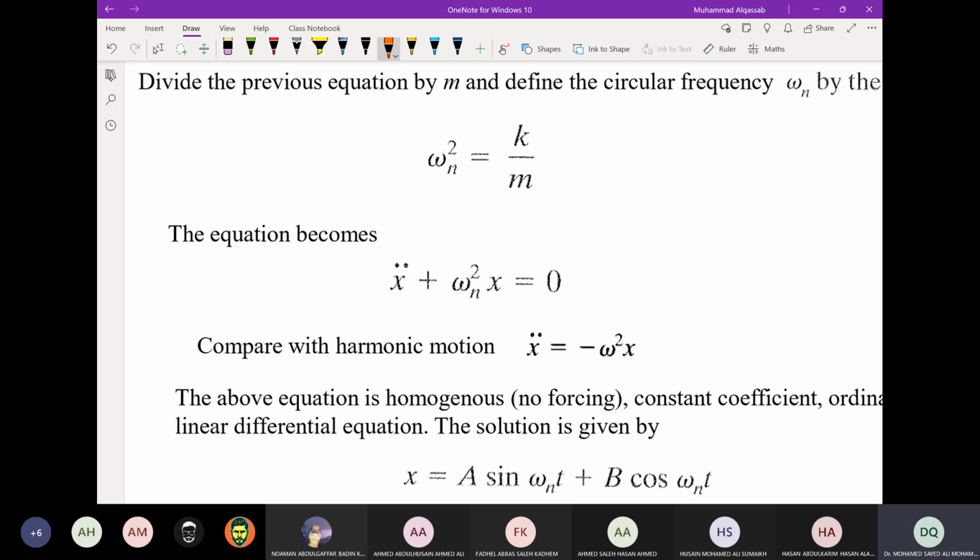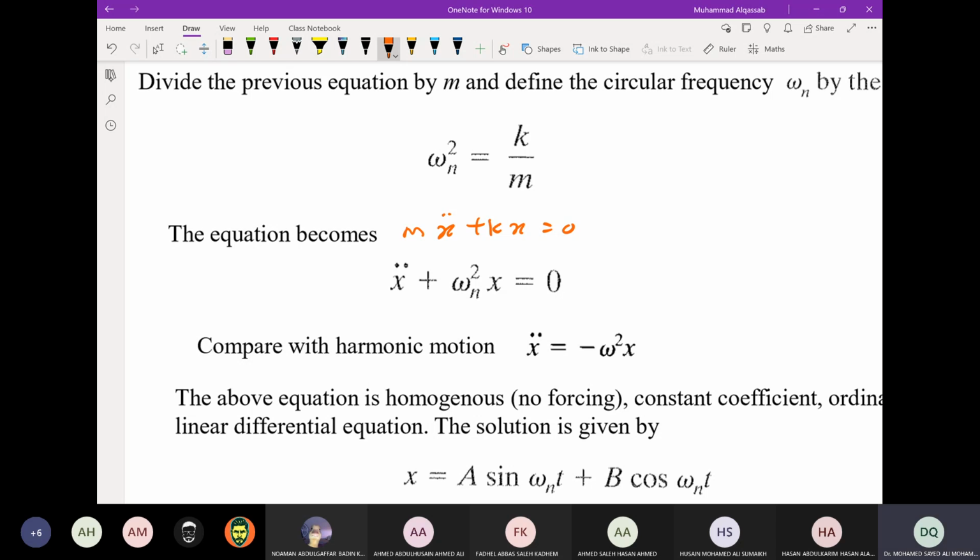So although there is no external force applied on the system, the system has a differential equation, which is the equation of motion, which means there is motion. If we go back to before dividing by m, it is m x double dot plus kx equal to 0.